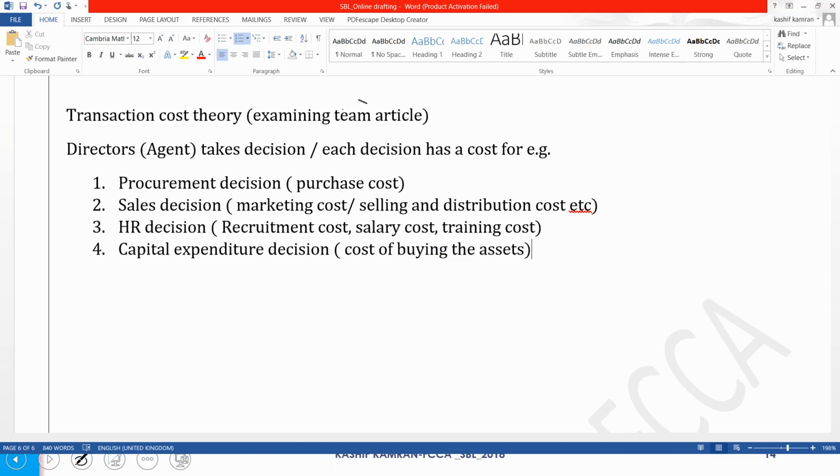So this theory is not saying you cannot take decisions. This theory is saying whenever you take a decision, there is a cost, which is very natural, right? But the theory says that the cost should be minimized with proper decision making.